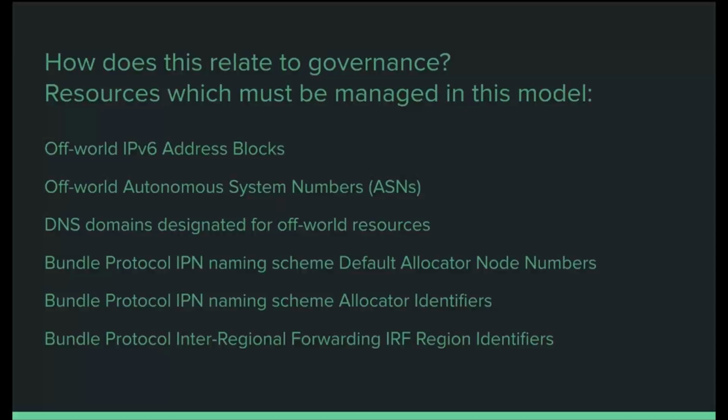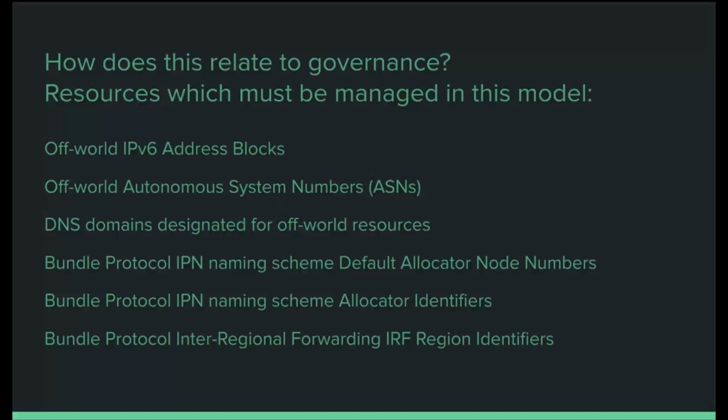As well, the bundle protocol IPN naming scheme allocator identifiers. Finally, there is a technical development that is occurring that will require a registry, and that is interregional forwarding for the bundle protocol.